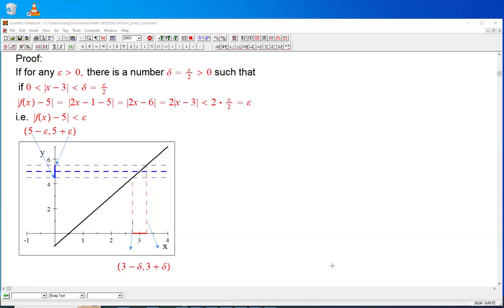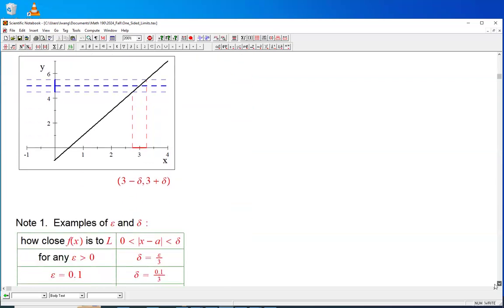If this is true, we have demonstrated it, and then we say f of x has a limit as x approaches 3, which is 5. All right, there are a couple of things we'd like to illustrate from this process.